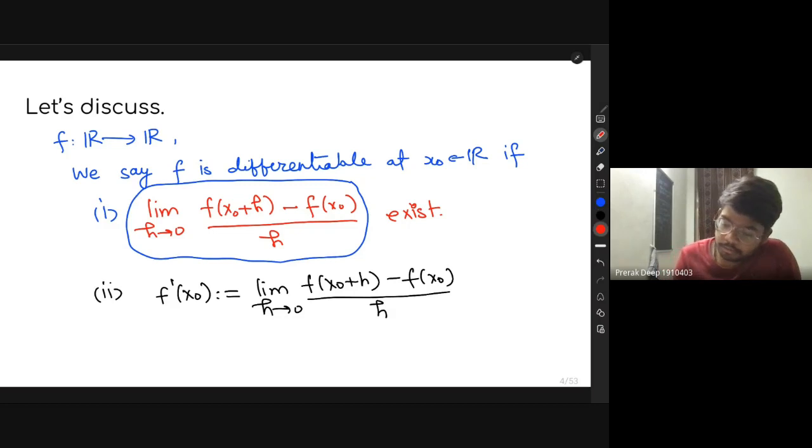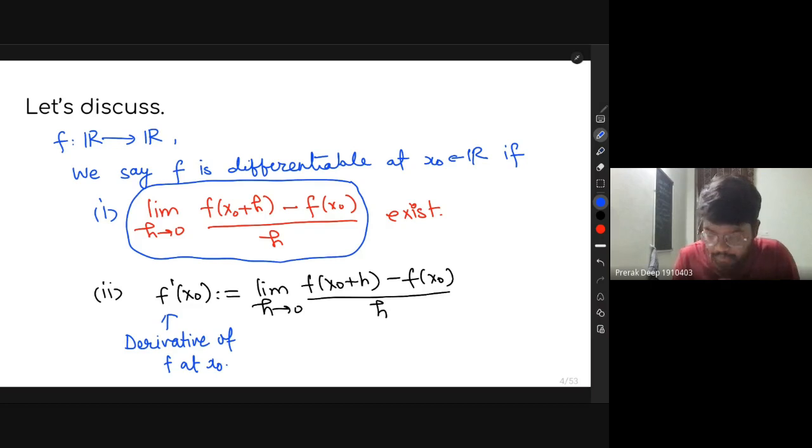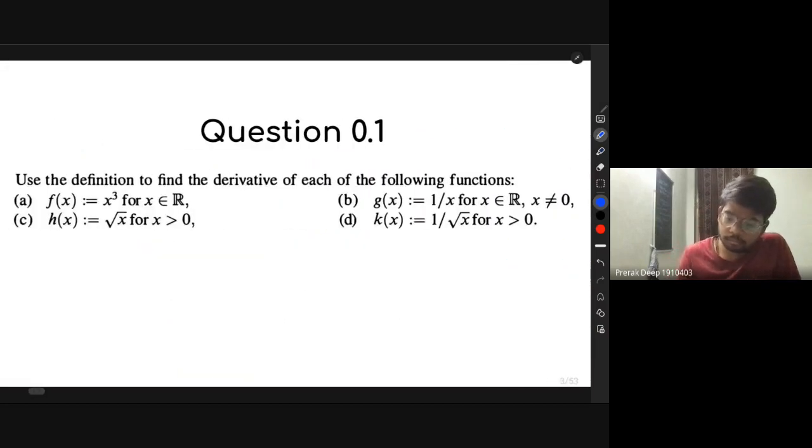We call this the derivative of f at x naught, and this is nothing but the limit that you evaluate. Okay, so this question is done.